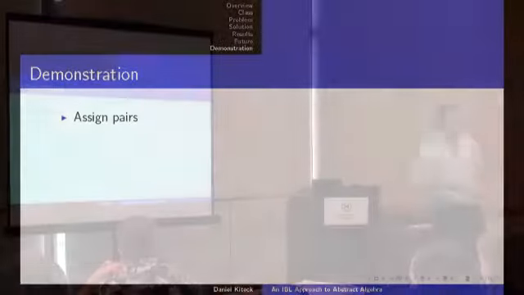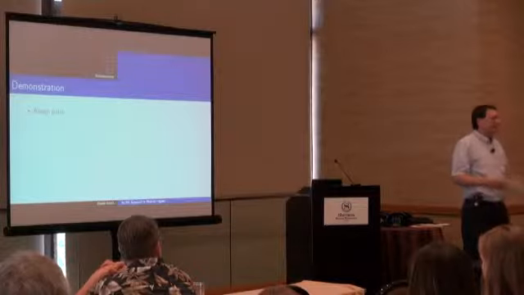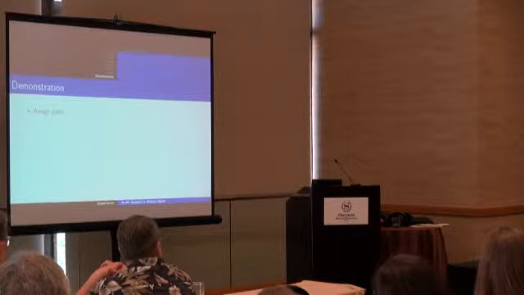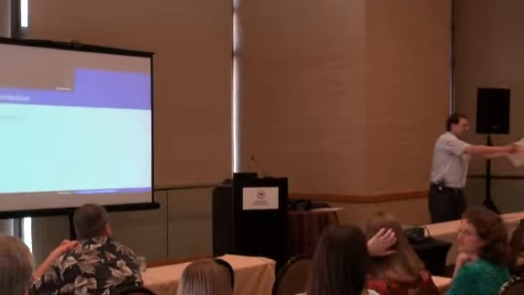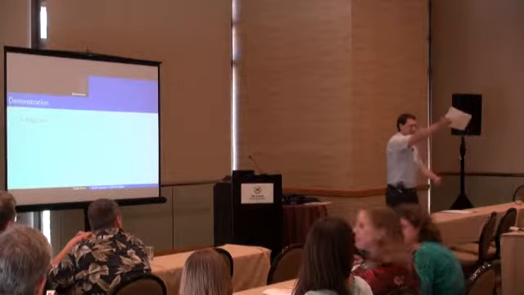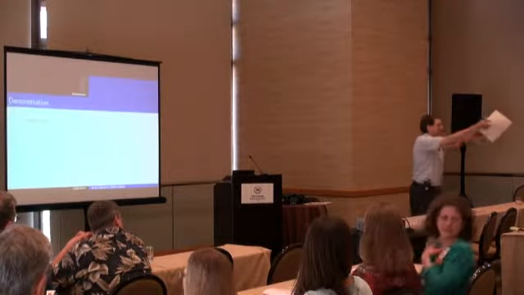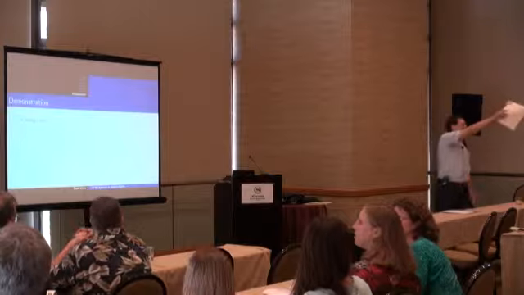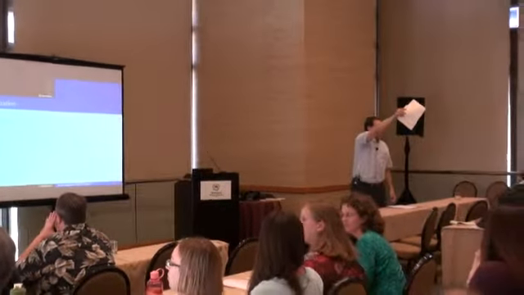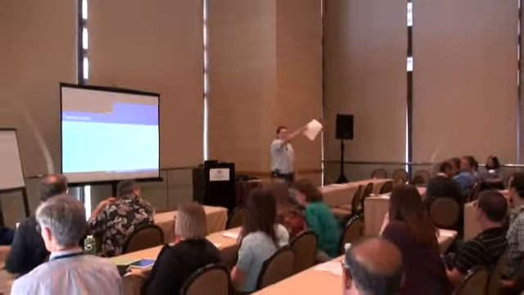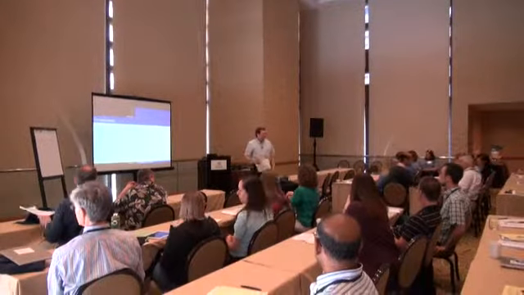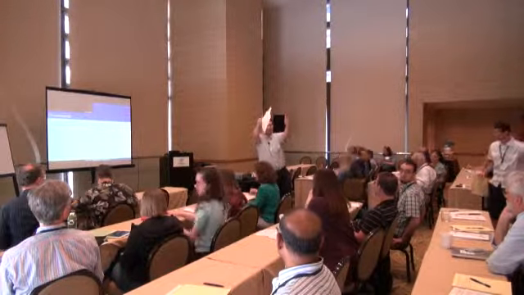So we'll just have assigned pairs. Have a pair here, you go maybe with the person behind you, a pair, and the back row, a pair, and you can go over here. Is that okay? And then a pair, and a pair.